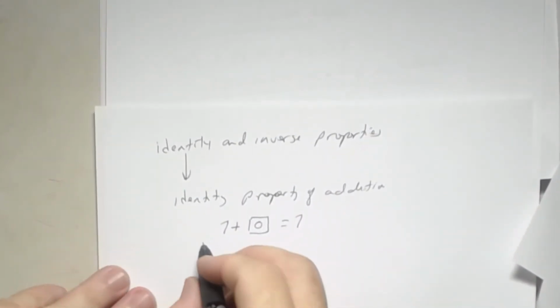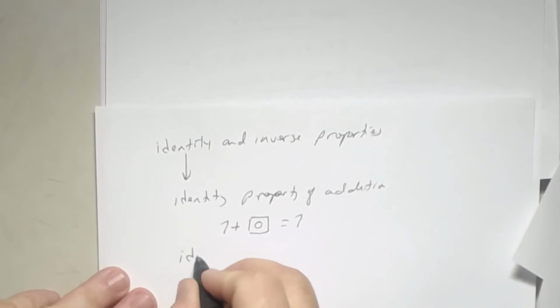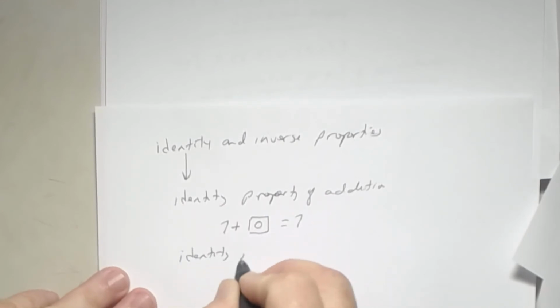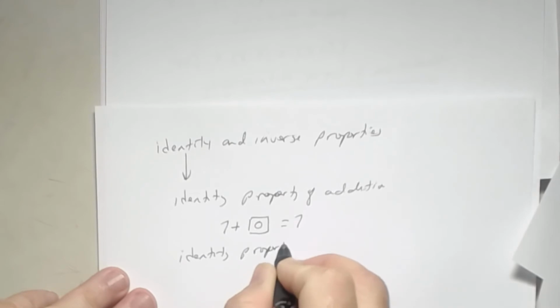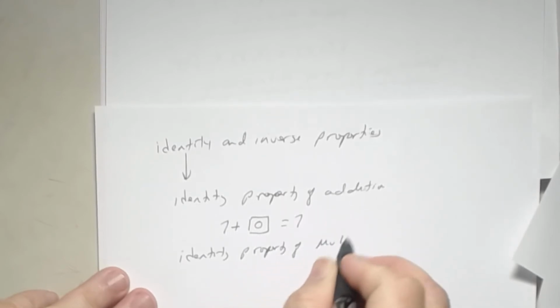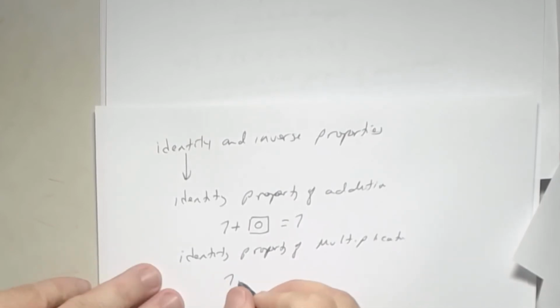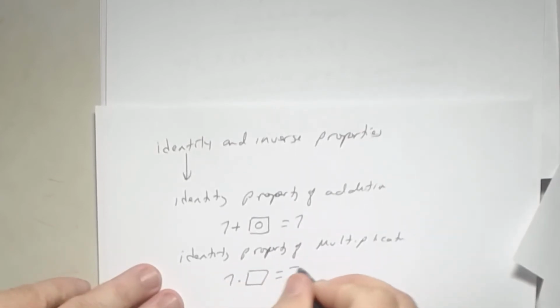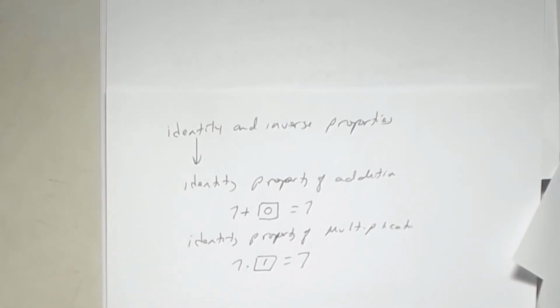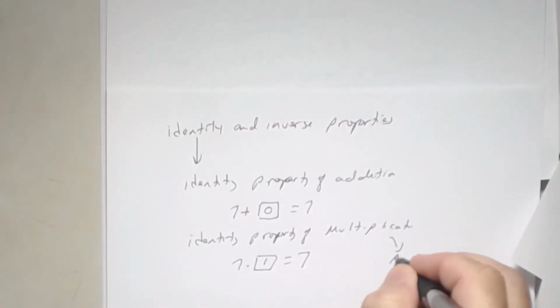Same thing with the identity property of multiplication. 7 times what will give me 7 back? 1. So the identity property of multiplication says that any number times 1 is itself.